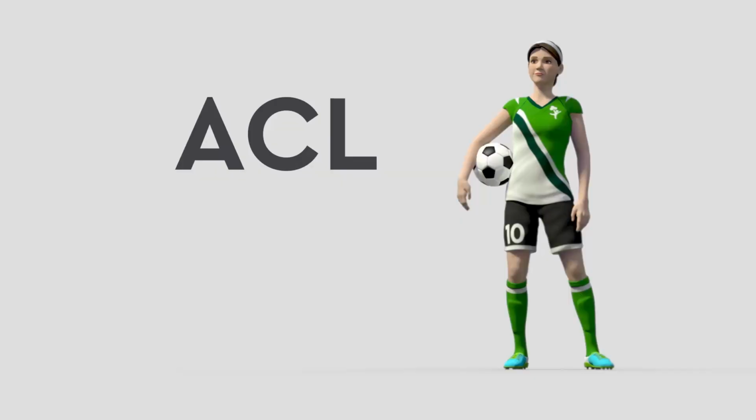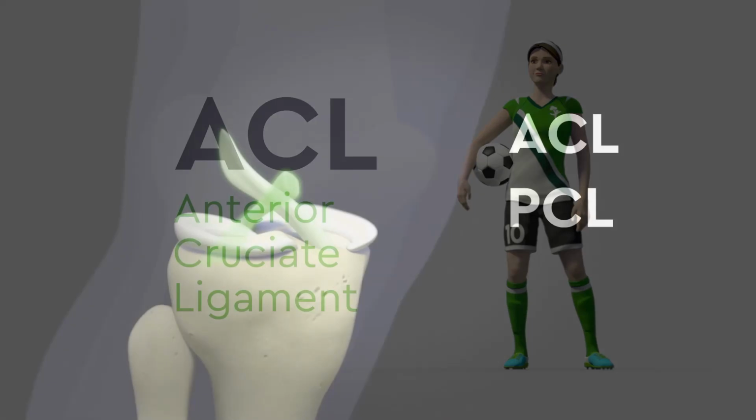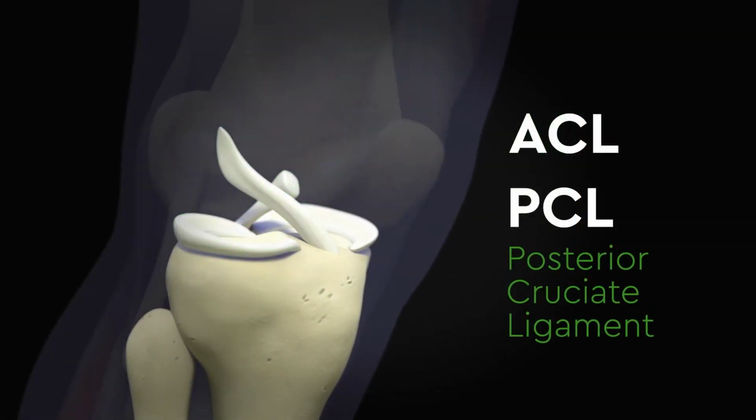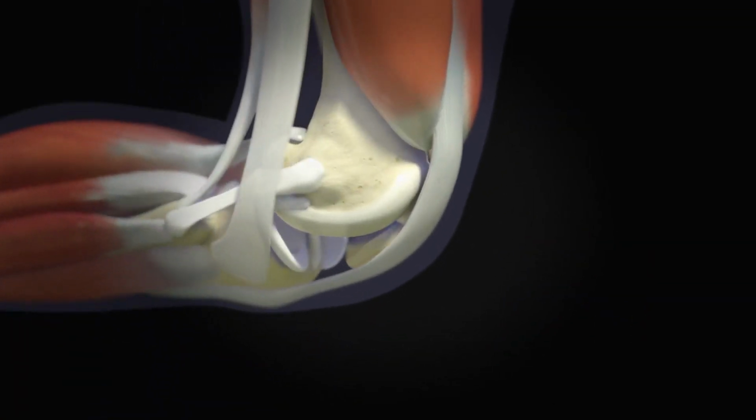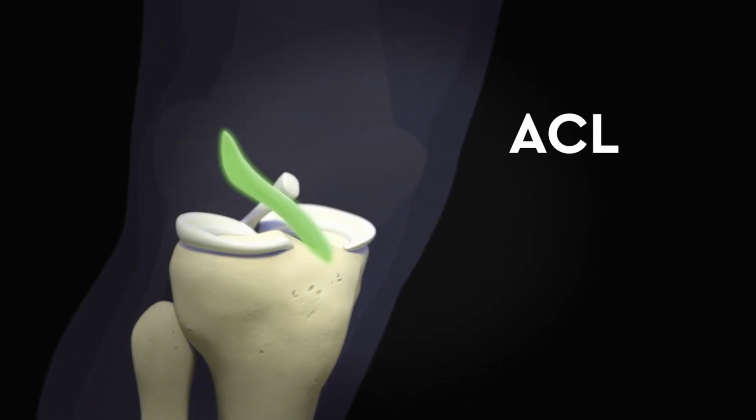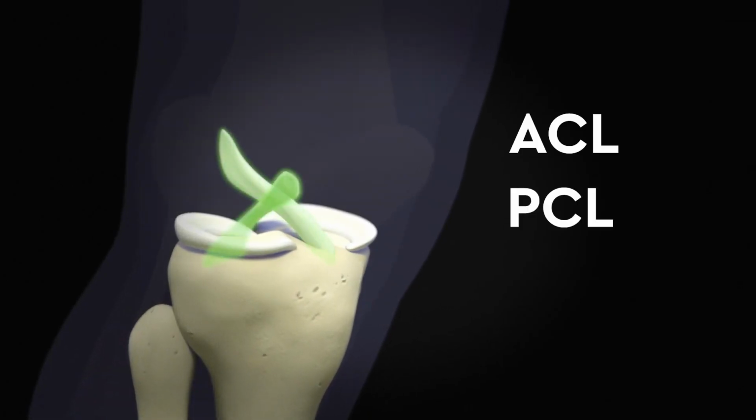Why it is called anterior cruciate ligament? Because there are two important ligaments in our body. One is anterior cruciate ligament, another is posterior cruciate ligament. Why it is called cruciate? Because it is in an X-shaped or a cross-shaped fashion inside the knee joint.